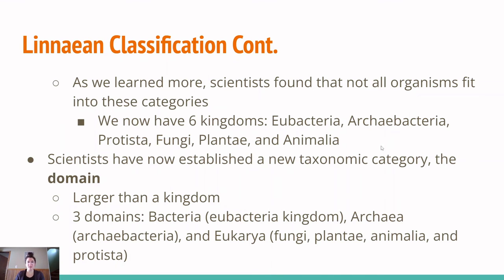The archaea domain is just the archaebacteria kingdom. So each of these bacteria kingdoms gets its own domain, and then all the rest of the 4 kingdoms get put into eukarya because they're all eukaryotes. That's because there's so much diversity in each of these bacteria kingdoms that they basically warrant their own domain.